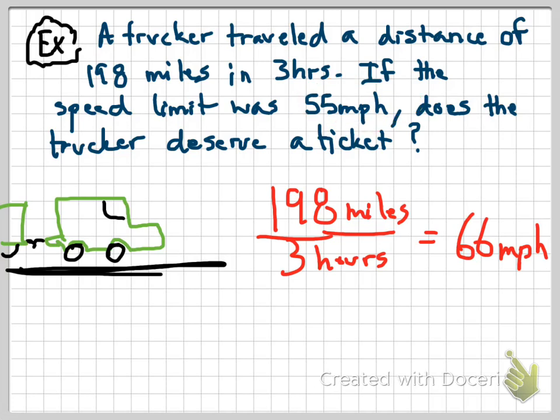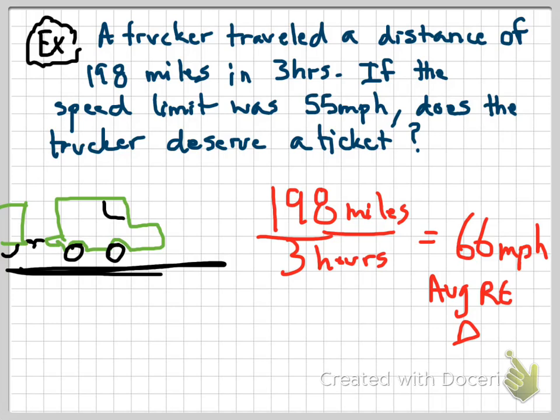Now, the justification in our answer. So far, there's no calculus in front of us here. Here's how we're going to justify this problem with some calculus. Because this is an average rate of change, the trucker went 66 miles per hour on average, we know that the average and the instantaneous must equal each other at some time, according to the mean value theorem.